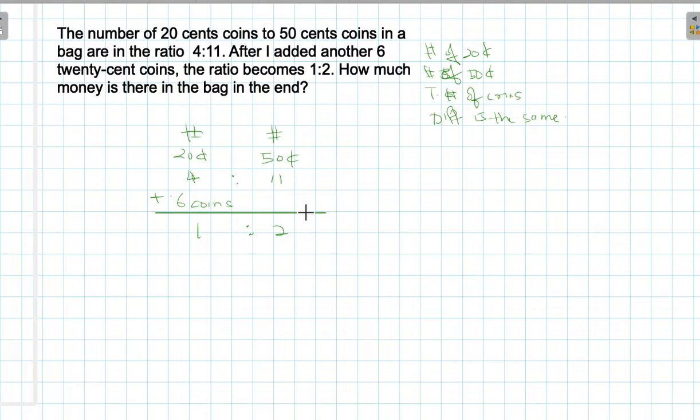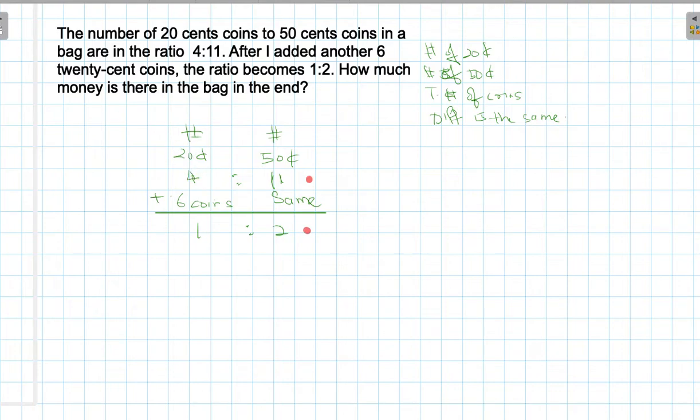When you see such a thing, it is also very simple, similar to the one before. What didn't change? Obviously, the 50-cent coins remain the same, because I didn't add anything to them and didn't subtract anything from them. So I have to make them the same.